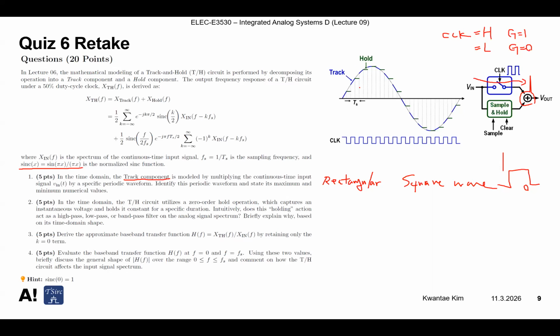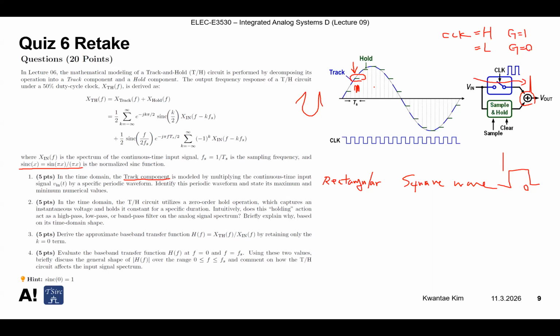So for the hold operation, once it is kept on hold here, we first capture the signal and then just keep it held as it is. That means no matter how fast the signal is fluctuating, let's say the input signal is fluctuating in this window, this hold operation doesn't care.